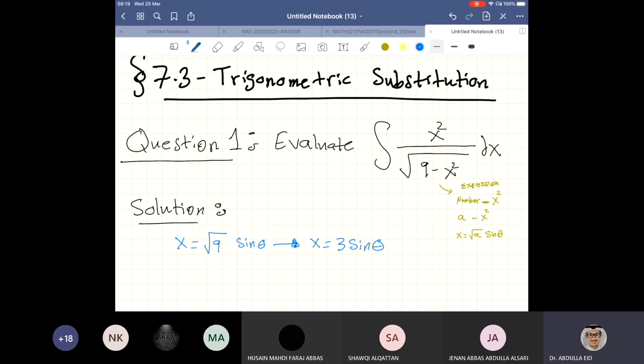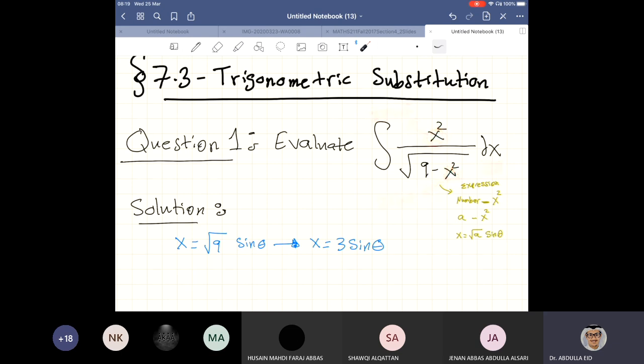Why did I choose 3 sine theta? Muhammad said yes. Okay, now what else do I need? I know what x is, so I will take this x out and write 3 sine theta.